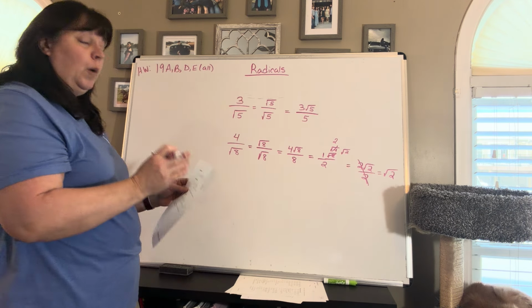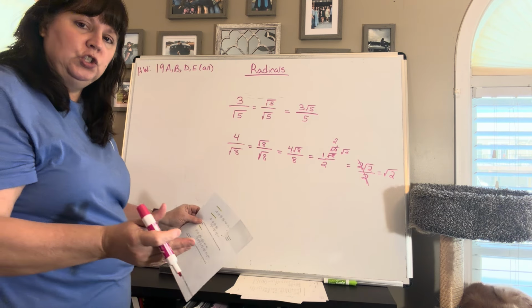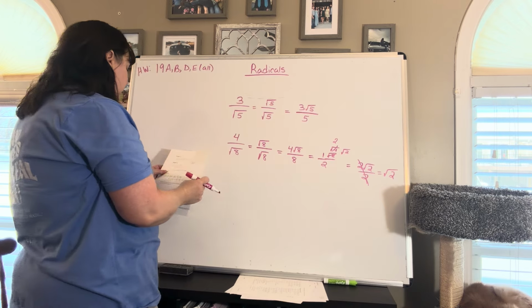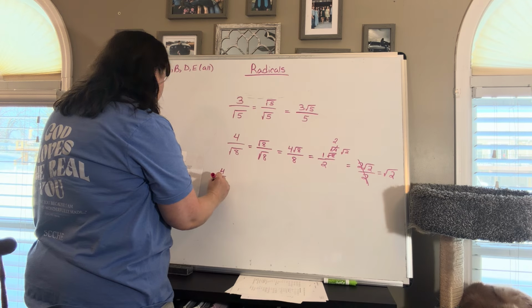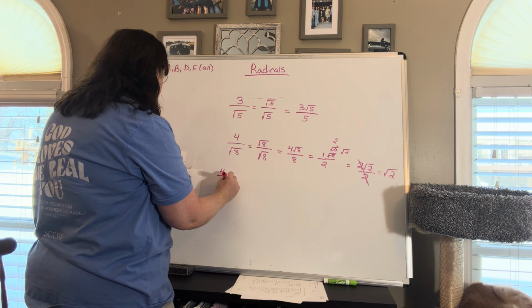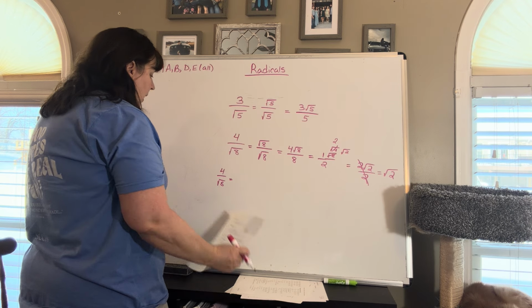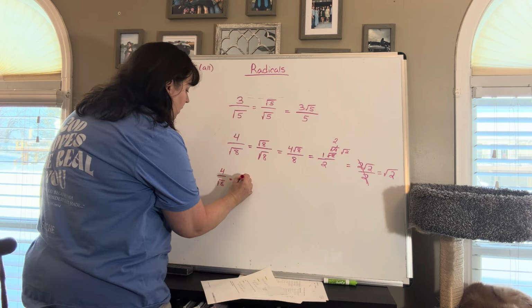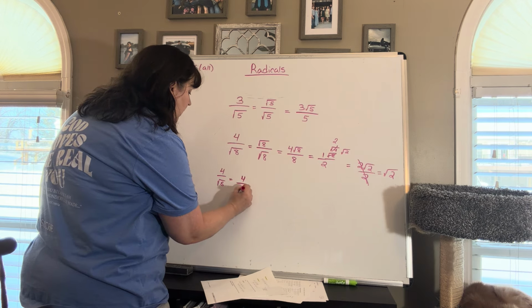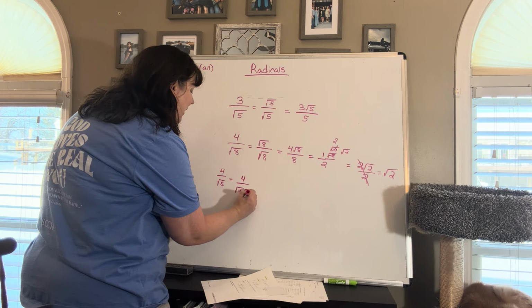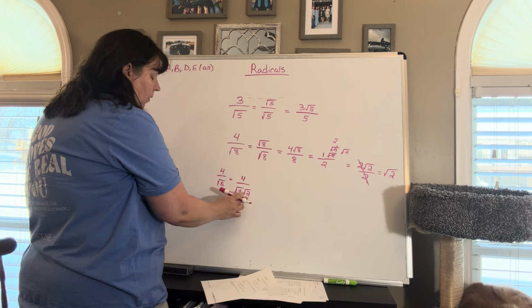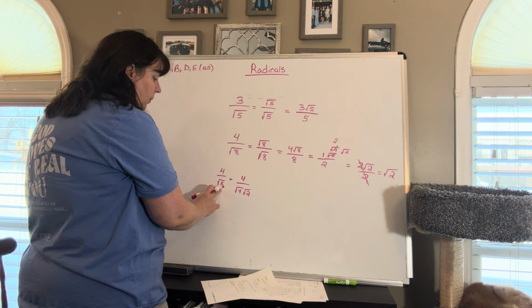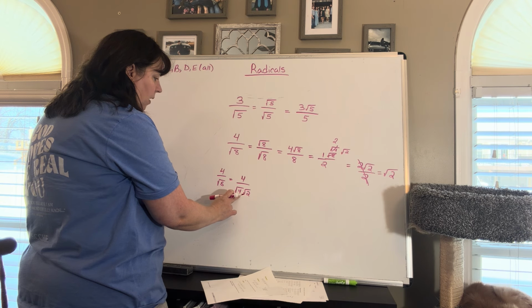I'll show you another way to do this one, and then you can choose to do it the way that works best for you. Okay, again, our problem is 4 over radical 8, okay? And I know if I just leave this alone for a minute, I can go ahead and divide this into radical 4 and radical 2, because I know that this is a perfect square, right?